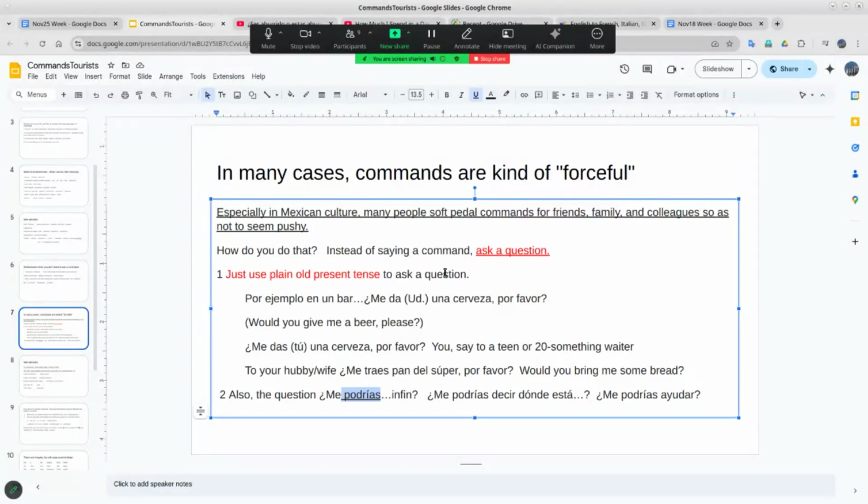Could you? And combine it with an infinitive. Me podrías decir. Me podrías. A ver. Ayudar. Well, okay. Just could you do something for me? Okay.